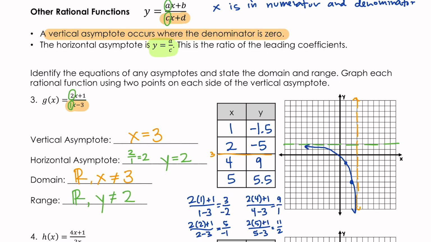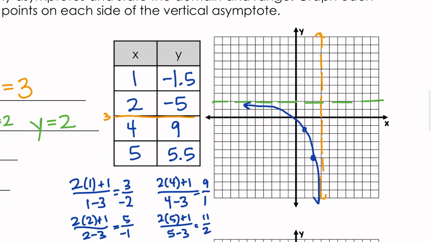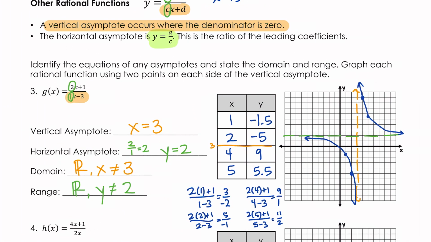So I'm going to plot those last 2 points: positive 4, positive 9, and positive 5, 5.5. And again, through those 2 points, but also staying within my asymptotes. A nice curve. Okay, and so that is number 3.